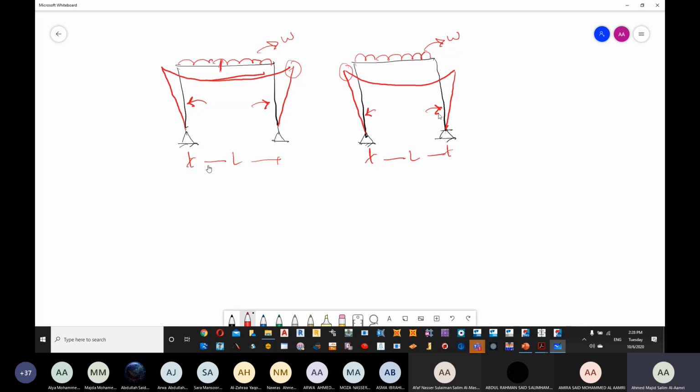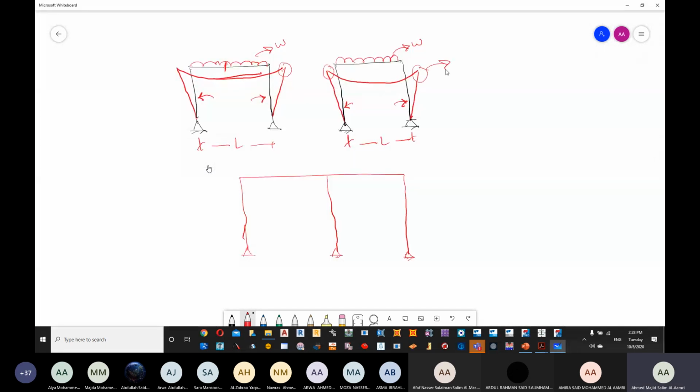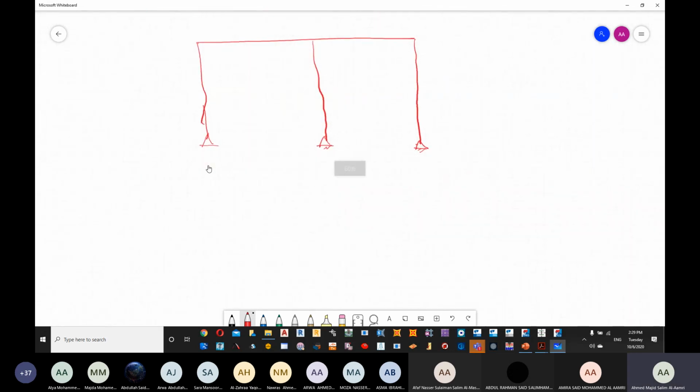Now, what will happen if I try to join these together? This is my frame. Let's say this value of moment, I have calculated it. For example, it was 20, just for the sake of making it easier. Now we say that this column is going to be pushed outside, and this column is going to be pushed outside as well.